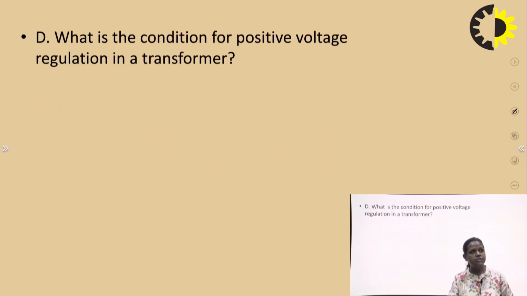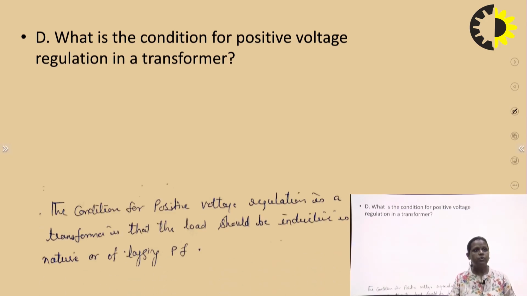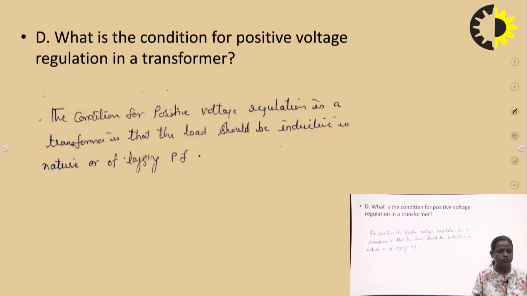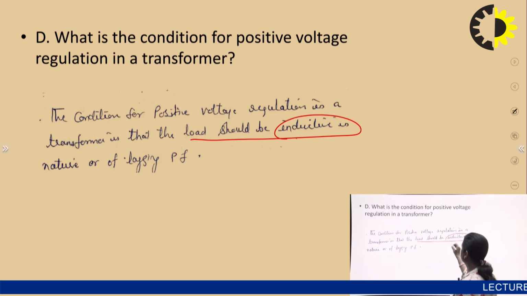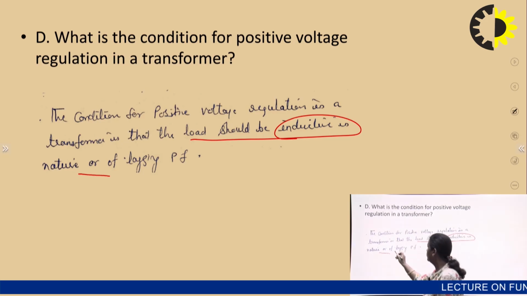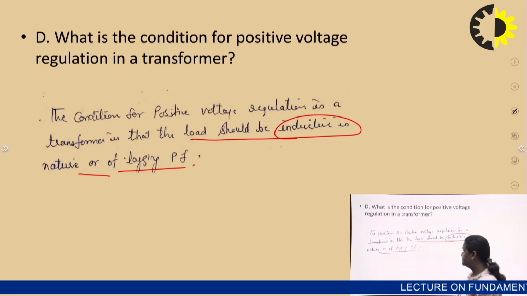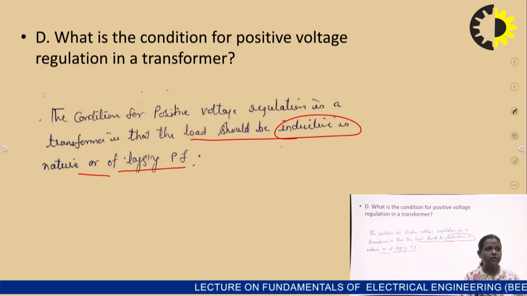Now the next is, what is the condition for positive voltage regulation in a transformer? The condition for positive voltage regulation in a transformer is that the load should be inductive, or the nature of the power factor should be lagging, right? The same question can become, what is the condition for negative voltage regulation in a transformer?